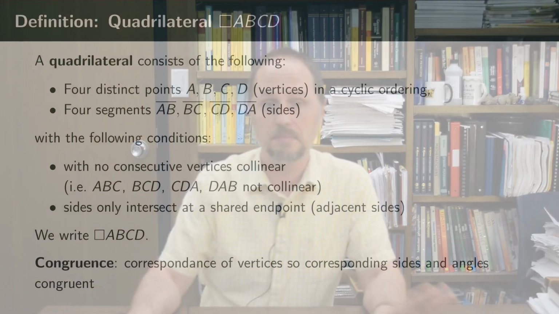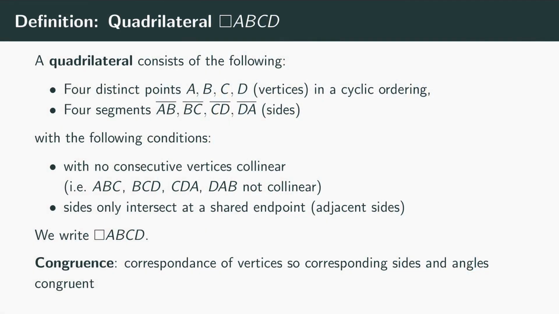Okay, let's jump back now to some theory. So we're going to define a quadrilateral. This is a little bit painful, but our goal now is to talk a little bit about parallelograms. A quadrilateral consists of four distinct points that are going to be the vertices. We think of them as coming with a cyclic ordering.